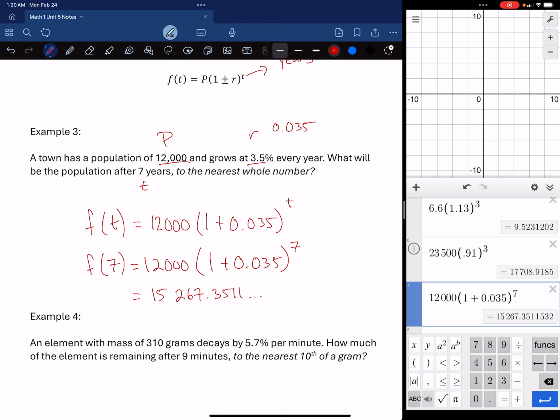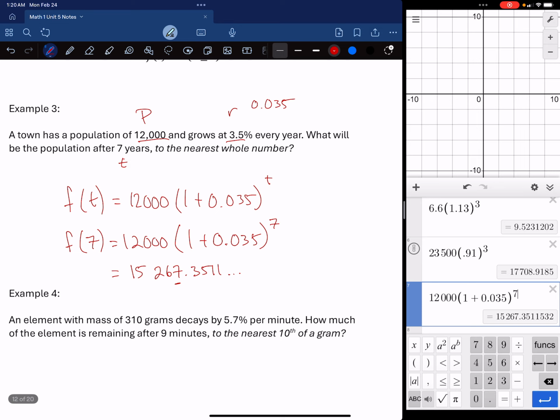I'm just going to go 4 decimal places because we're rounding to the nearest whole number. The 3 tells me, do we round up or leave it alone? We're going to leave it alone because 3 is not bigger than 5. So our final answer ends up being 15,267 people in our town after 7 years.